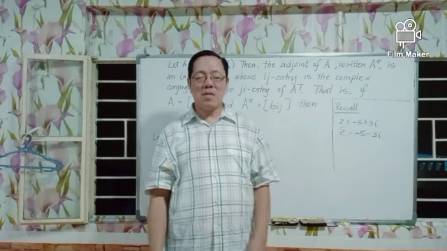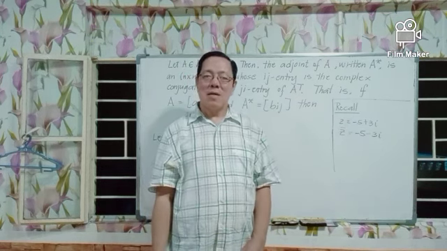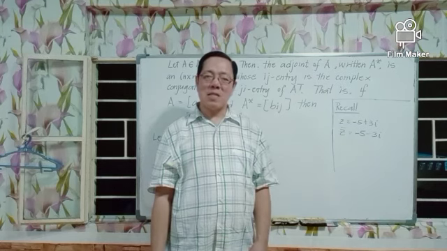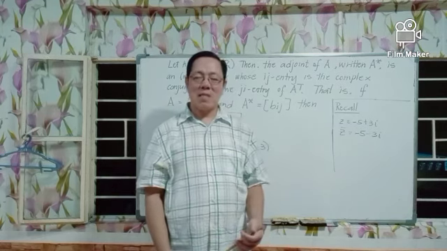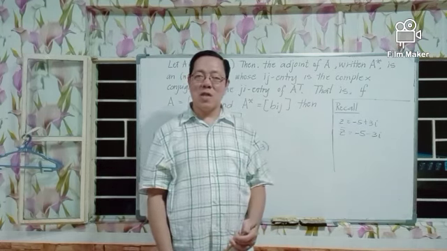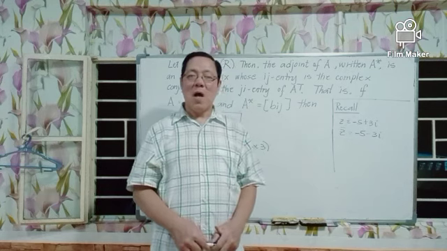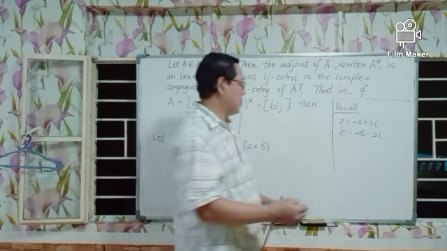What happens? We said that every real number is a complex number. We take an example. How do we get the complex conjugate of a real number?